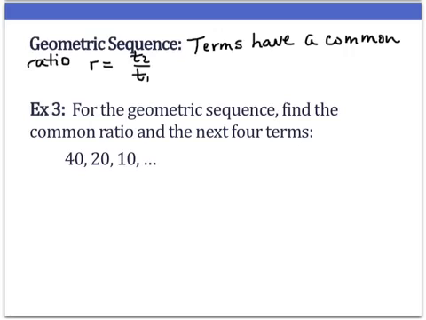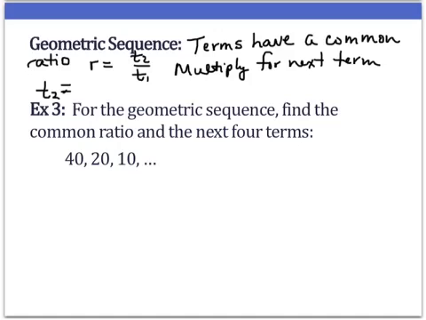Here, you multiply for the next term. So an example would be, to find the second term, we would multiply the first term times r. And that's what we're going to do in example 3.